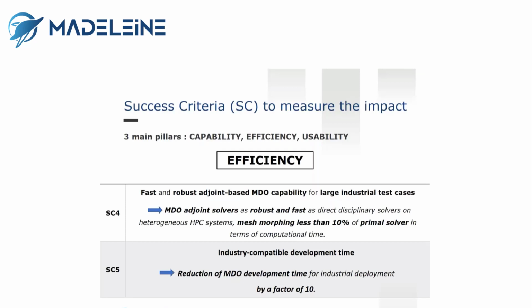The fifth criterion was about industry-compatible development time. So how much can we reduce the development time of MDO when we have to couple several disciplines together? The objective was to try to find a solution to reach a factor of 10.